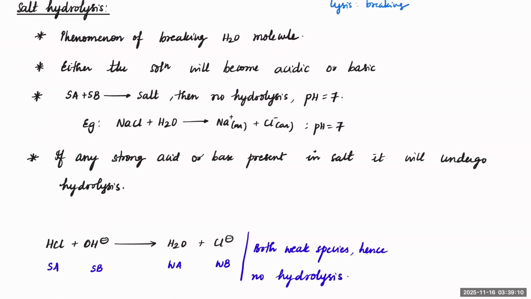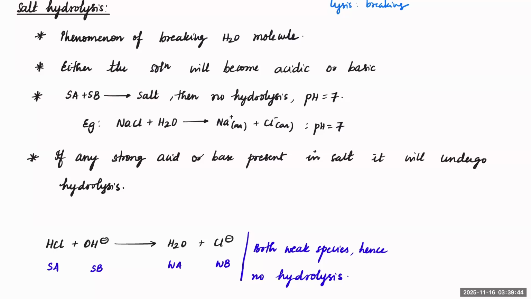For example, strong acid and strong base, if you have added, you will get a salt. When it comes to HCl, and if I take NaOH, after reacting you will get a salt. Now notice, when you have salt, NaCl, added to water, do you notice that either Na plus or Cl minus is breaking the water molecule? No, you won't see that. Which means Na plus and Cl minus are not able to do hydrolysis.